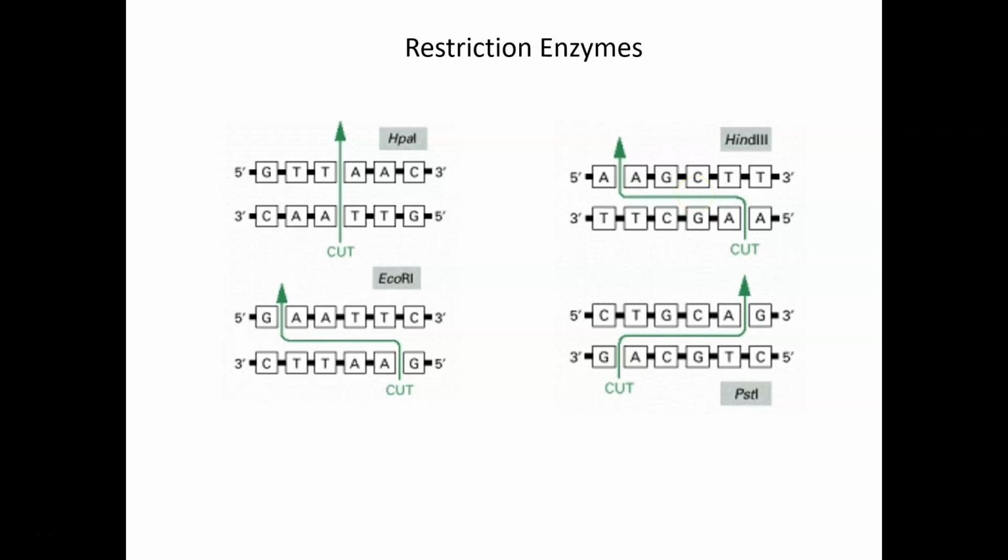And what you may have noticed is that these DNA sequences of these restriction enzymes read the same 5' to 3' on each strand. So here, the recognition sequence is GTTAAC, 5' to 3'. And if you look at the opposing strand, and if we carefully read it 5' to 3', we see that it's GTTAAC, same exact sequence.